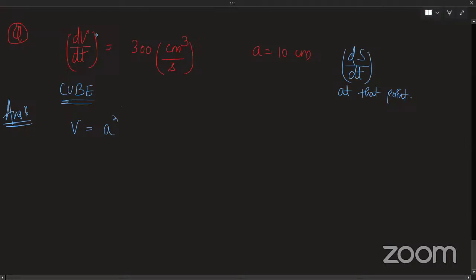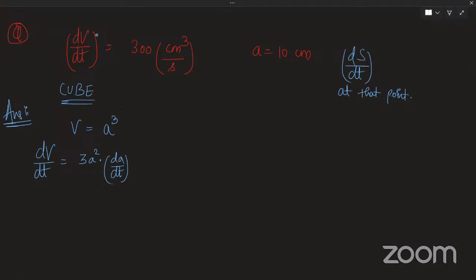So if I differentiate it with respect to T, the derivative of V with respect to time will be 3A square into dA by dt. I've just applied the basic chain rule.